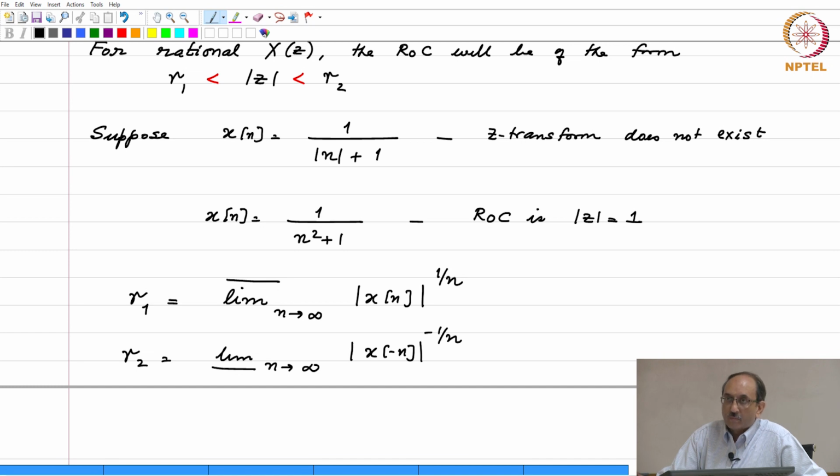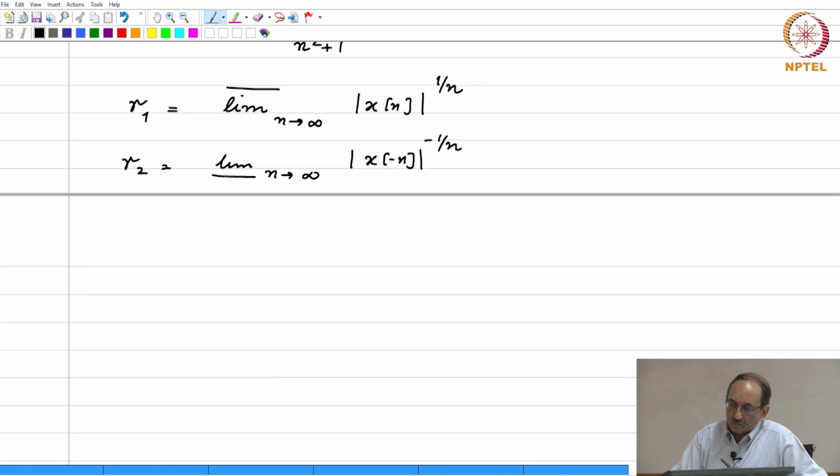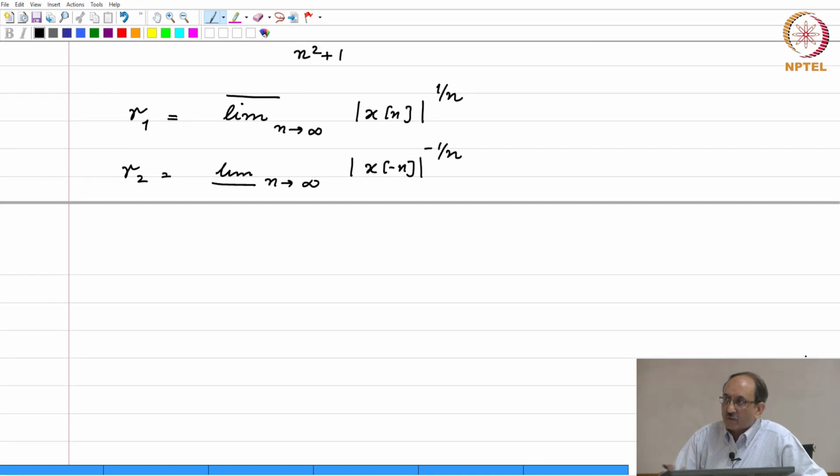Whereas for rational transfer functions, we need the two radii to be distinct. I just want you to be aware of these formulas, but our problems are much simpler, so we will not have to use any of this.